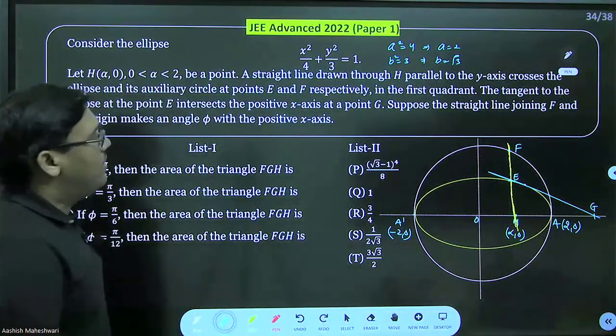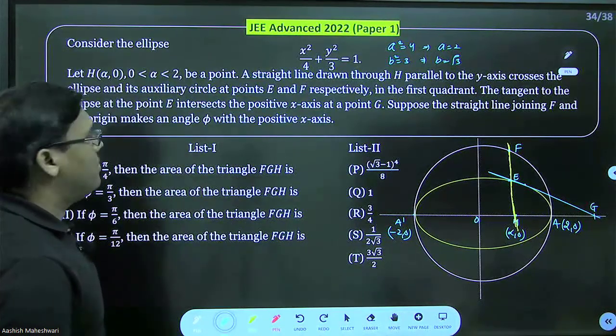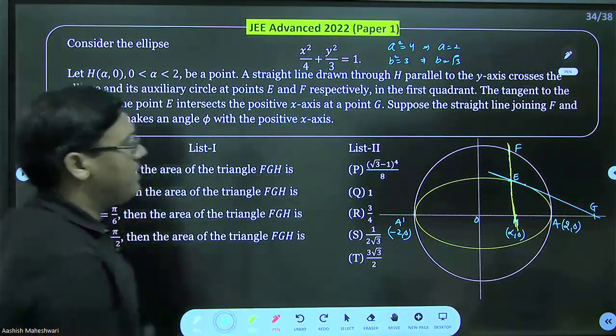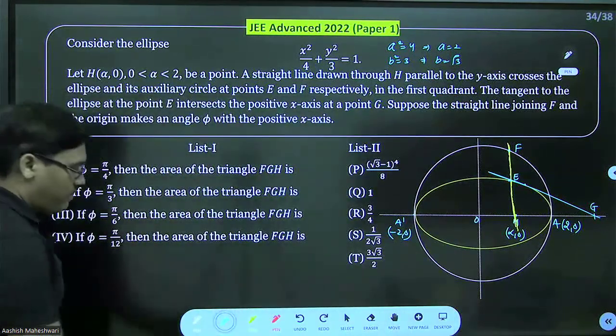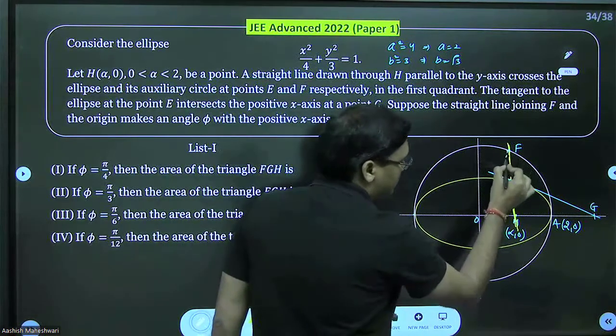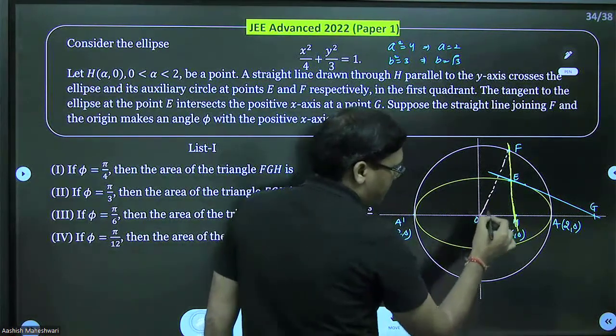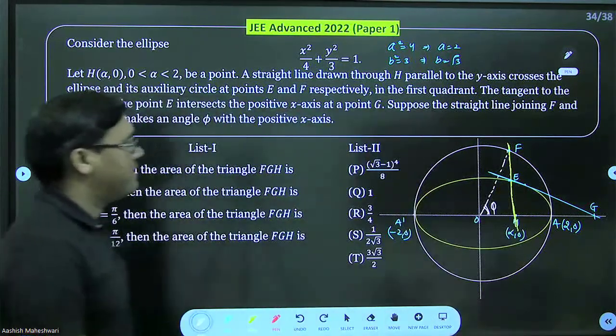Now suppose the straight line joining F and origin, meaning we joined F with the origin, is making an angle phi with the positive x-axis. That means this line is making this angle phi with the positive x-axis.